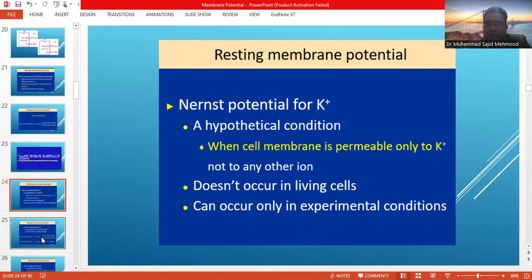However, when we are calculating the Nernst potential for one ion, we are considering a hypothetical condition in which only one ion is present, while there is no other ion which is moving along the membrane. So the cell membrane is only permeable to potassium ion and not to any other ion. This is not possible in a living cell, only an experimental condition.